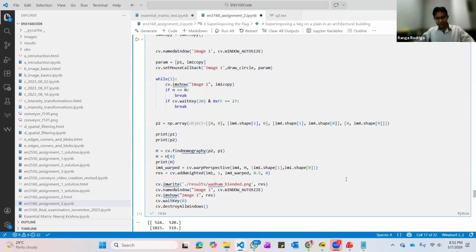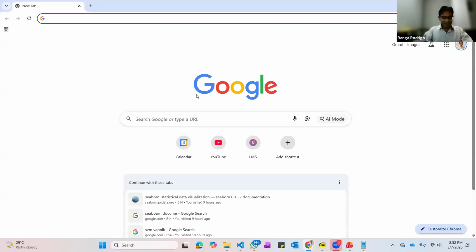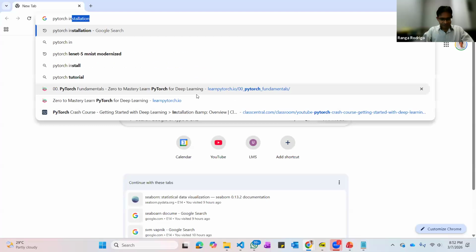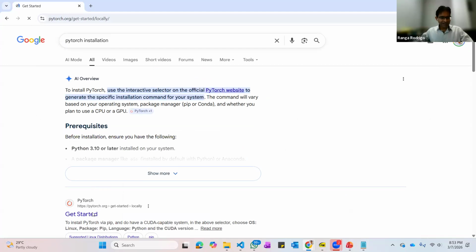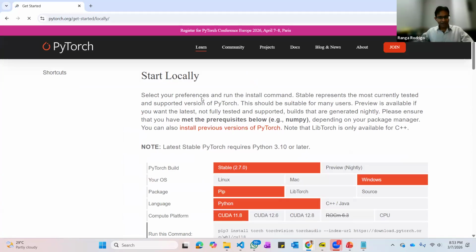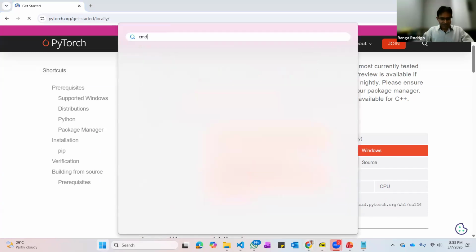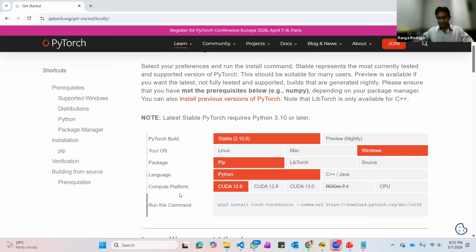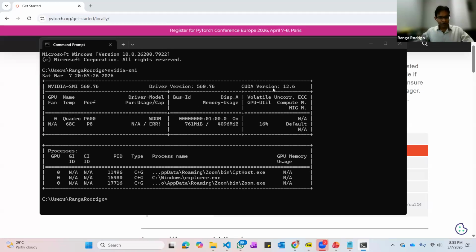For that, you have to have PyTorch installed. To install PyTorch, you type PyTorch installation and go to PyTorch getting started. There, to install locally, you click what you have, like Windows, stable. If you have a GPU card, go to the command prompt and type nvidia-smi and see which CUDA version you have installed.